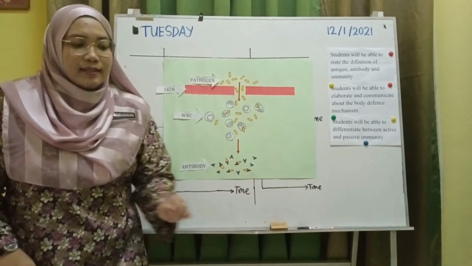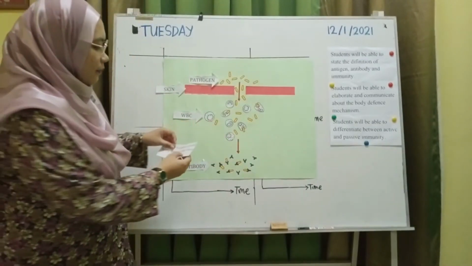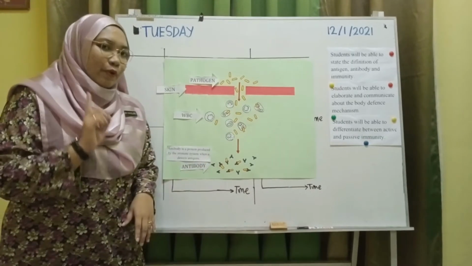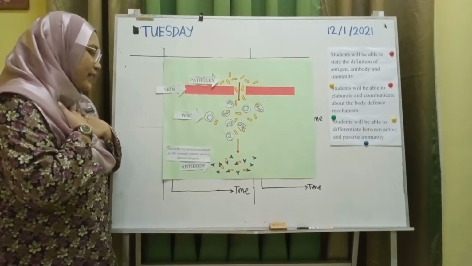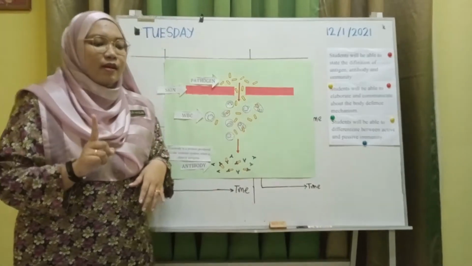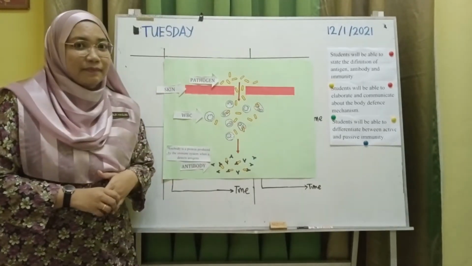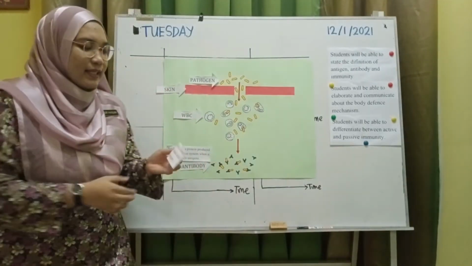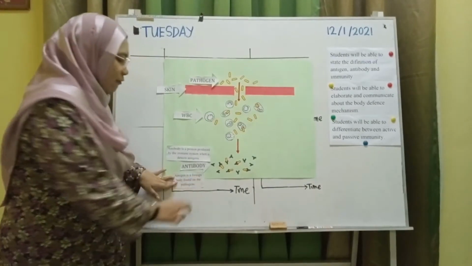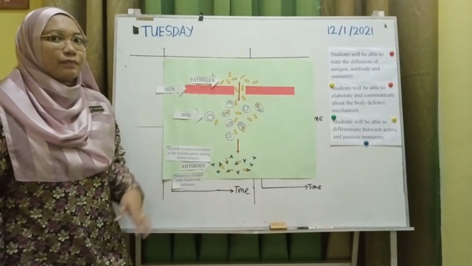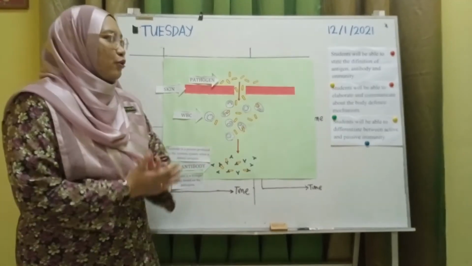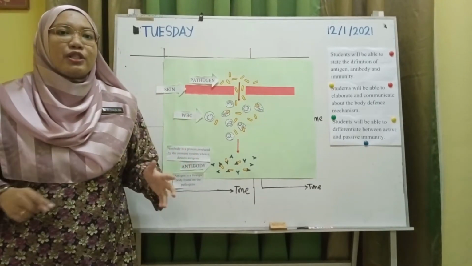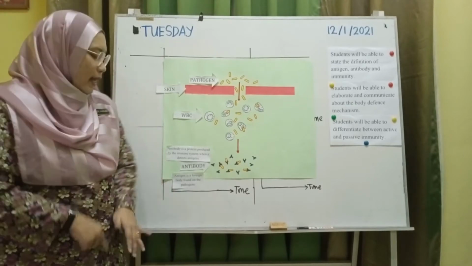Antibody is a protein. Antibody is a protein produced by our immune system when it detects antigen. So, do you know what is antigen? No, teacher. Okay, so antigen is a foreign body found on the pathogens. Oh, I see. So when a pathogen enters our body, it has a structure which is known as antigen.